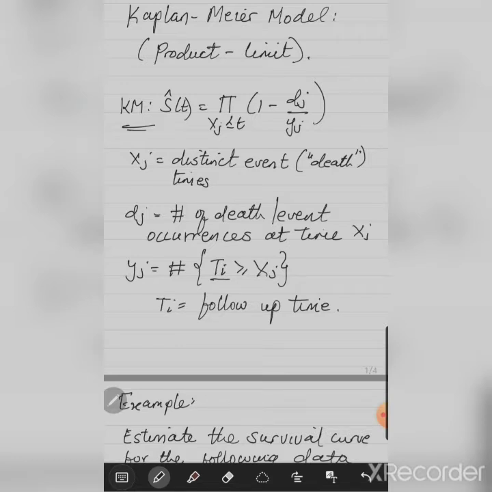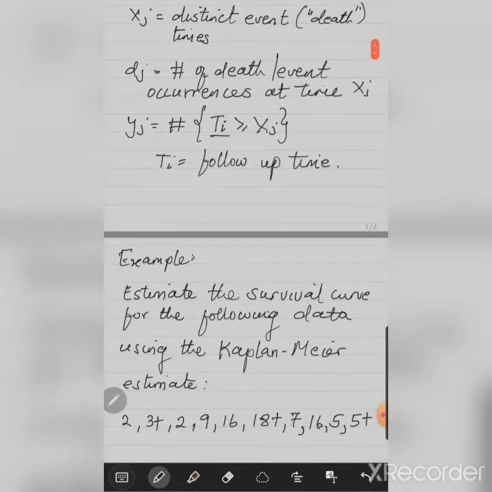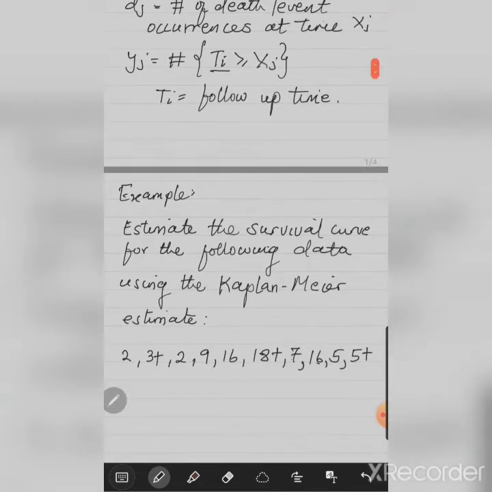To get into this model, we'll look at an example. We're going to use the Kaplan-Meier estimator to estimate a survival function, or a survival curve, using sample data of 10 observations.